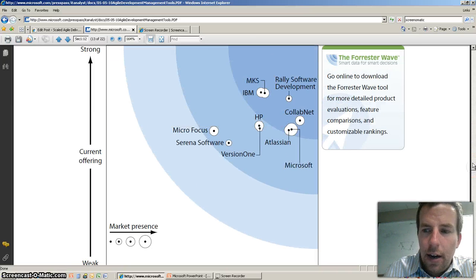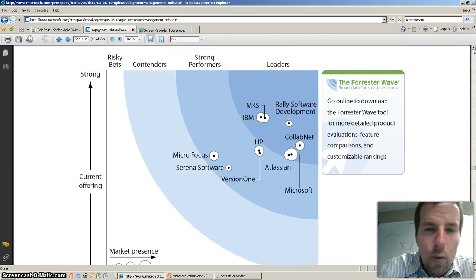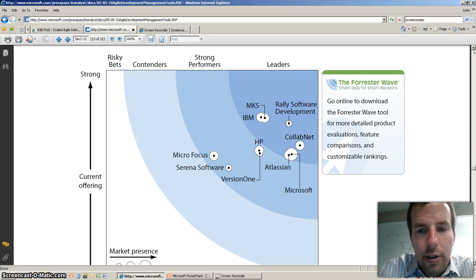So again, I don't think you could go wrong with choosing some of those tools in the middle, but the one that we felt most comfortable with for our organization was Rally, and so far I would say that it's working out pretty well. Keep in mind, I am a big fan of face-to-face communication over process and tools, but when you have 600 people and you're trying to use sticky notes and whiteboards, it does get difficult when you're trying to communicate across the pond.